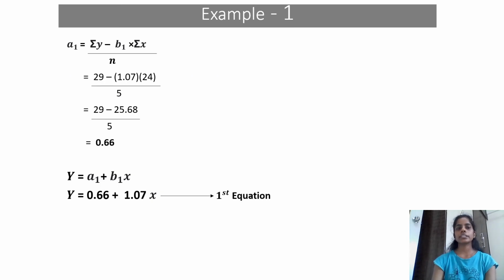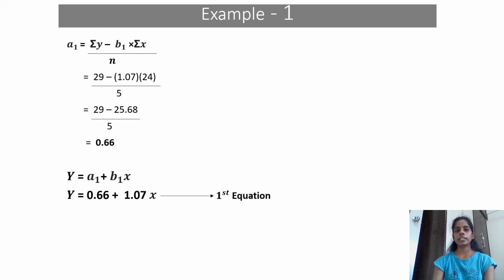After calculating b1, now we calculate a1. So a1 is equal to summation y minus b1 into summation x, the whole divided by n. So summation y is 29 minus b1 value 1.07 into 24, the whole divided by 5. 29 minus 25.68 divided by 5.